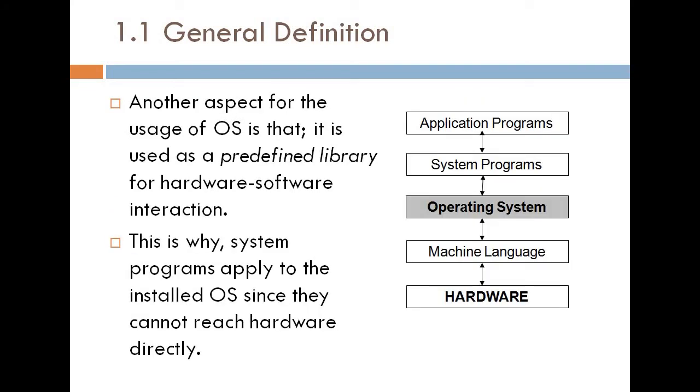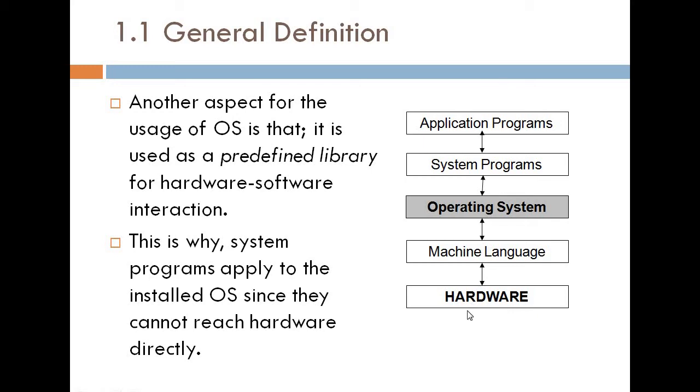Now another aspect of the use of OS is that it is used as a predefined library for hardware and software interactions. This is why system programs apply to the installed OS, since they cannot reach hardware directly. Here we see the scenario. In the upper level, application programs, then system programs, then operating system in the third layer, and then machine language and hardware, finally hardware.